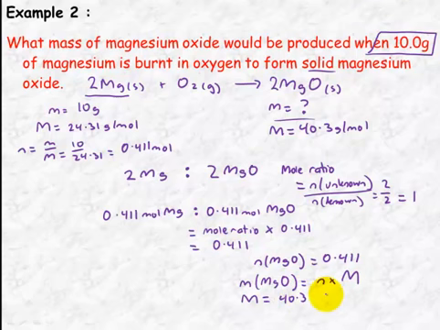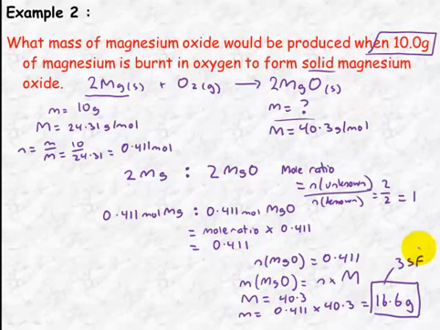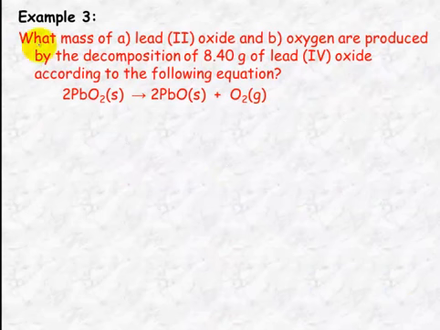So therefore m equals 0.411 times 40.3, which equals 16.6 grams. And that is my final answer. This has 3 significant figures because the question here has 3 significant figures.